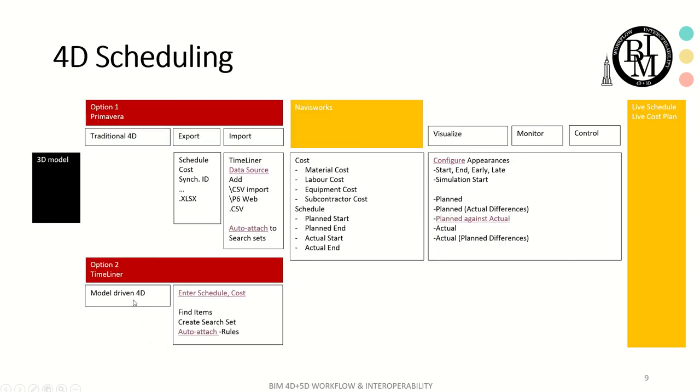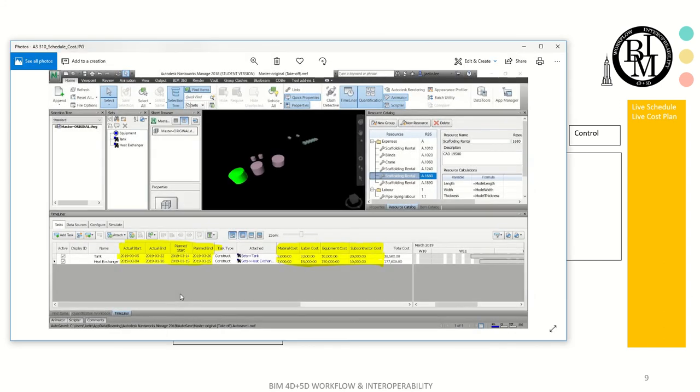And the same thing, let's say you didn't have any predefined schedule, but you want to create the schedule from scratch from the 3D model. Then that's where you go. Here you will enter manually the start date and end date of the task item, and you will enter the actual start and end as it progresses, and the cost information also.